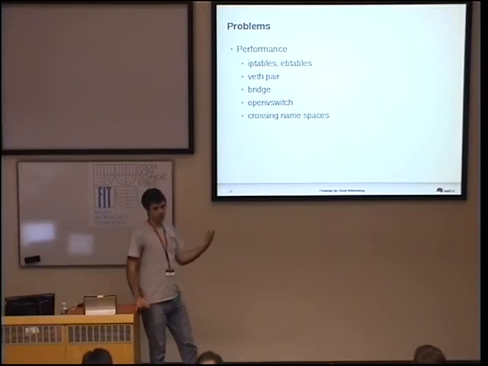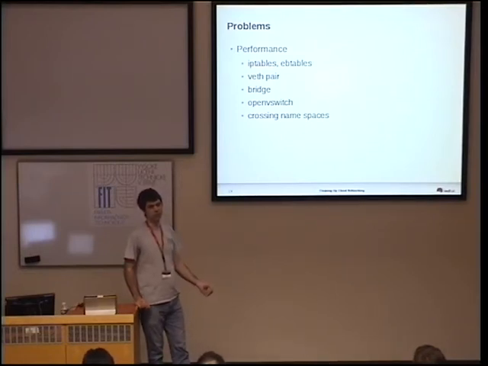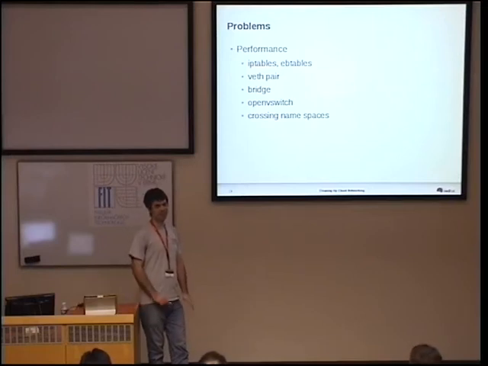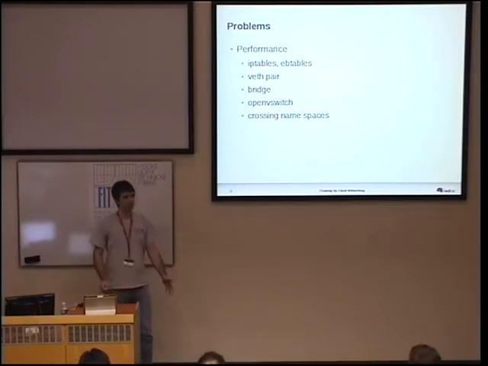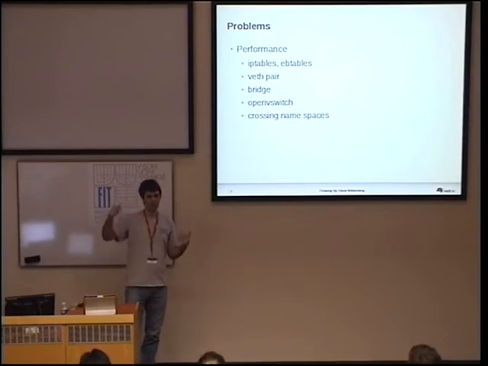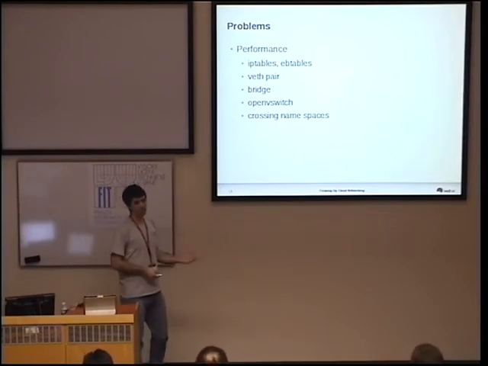If you remember what the packet from the virtual machine to the integration switch has to go through, that's iptables and ebtables. iptables are quite optimized, but still they have a performance penalty, which is quite measurable. ebtables, that's a performance nightmare. That's really slow. So they have a bridge, and the packet has to go through both ebtables and iptables.